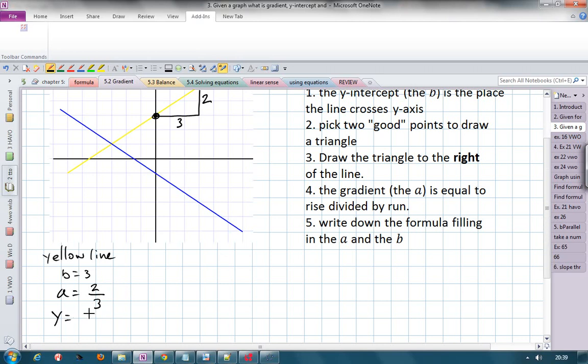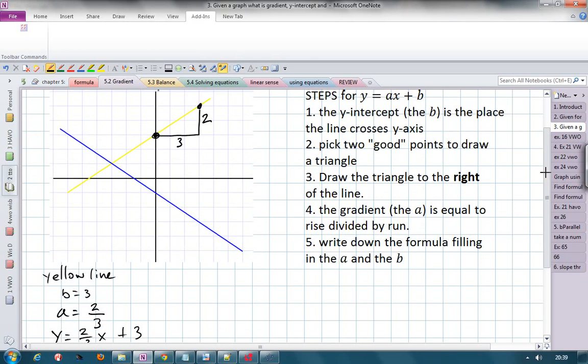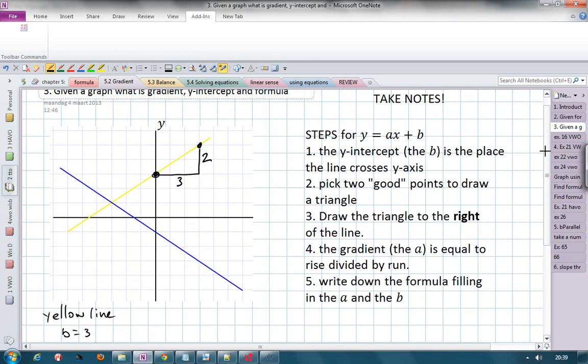It's y is equal to the A, which is 2/3 x, plus the b, which is 3. Now, if you were to graph this line, what would you get? Well, you'd get this yellow line. That's kind of stating the obvious, but good to know.